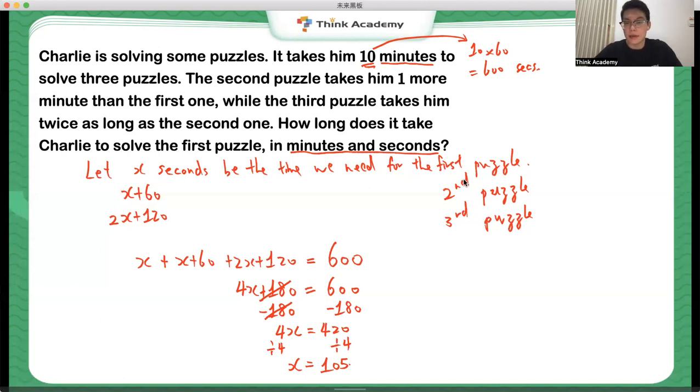So lastly, we still need to answer the question. So we don't write 105. That's not the final answer. The question is asking us, how long does it take in minutes and seconds, right? In minutes and seconds. So it's going to be 105 converting into minutes and seconds.